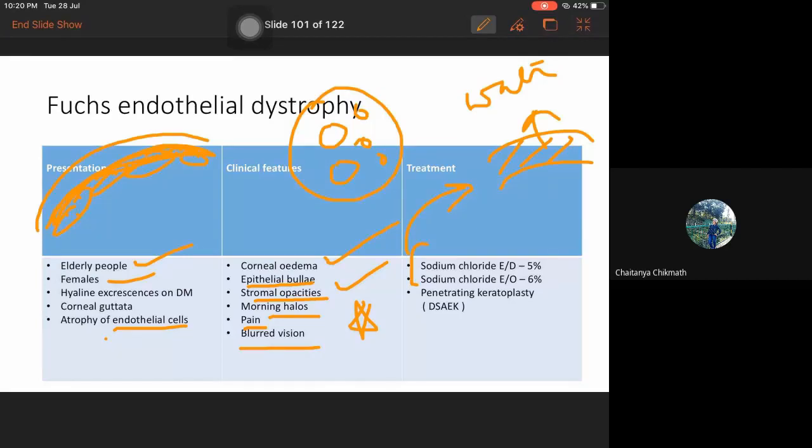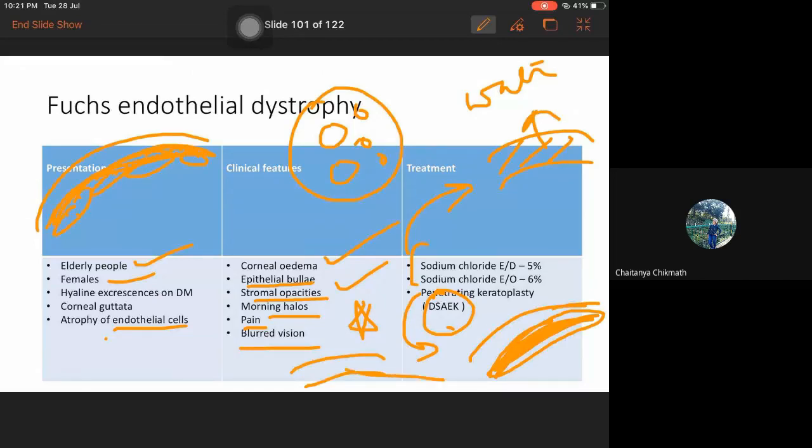In what I call the end stage, when the cornea is damaged and not responding to medication, we do what is known as penetrating keratoplasty. It can be a full thickness penetrating keratoplasty, or, if only the endothelium is damaged, we take out only the diseased part of the cornea and replace it with a healthy donor endothelial layer.